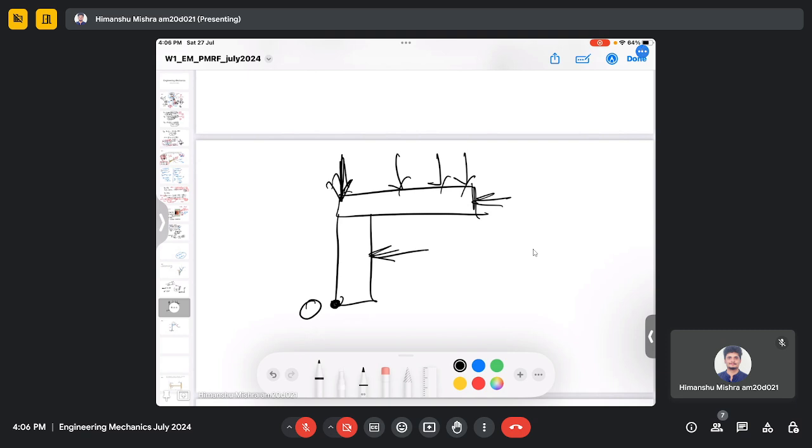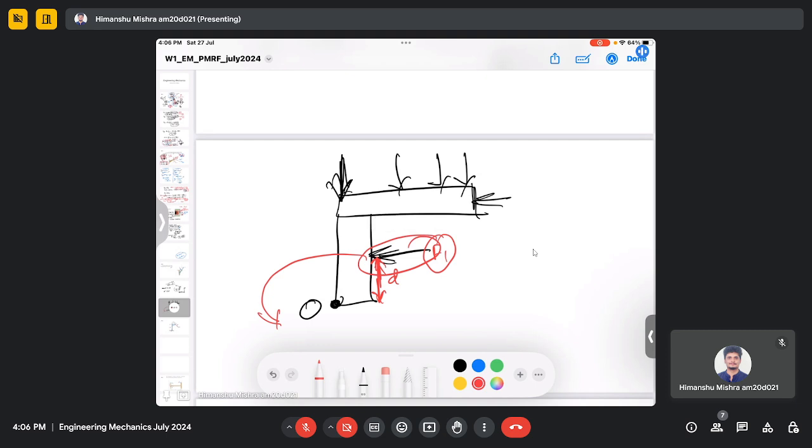So first, you always try to figure out what the perpendicular distance is. So for example, for this force, let's say F1, this is my perpendicular distance. So this will cause some moment because it has a finite force and a non-zero perpendicular distance. So this force will create a moment about this point O.